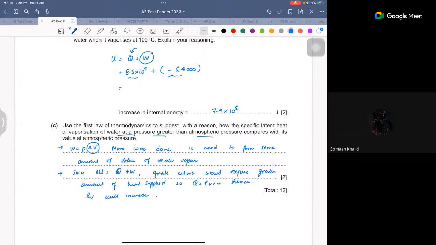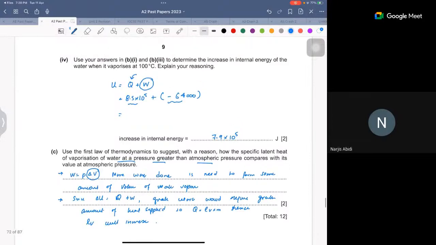I think. Is it clear? Sir, yes, they said explain your reasoning in the previous part. So what can we say about that? Oh yes, you have to reason here that work is done on the surroundings, all right?